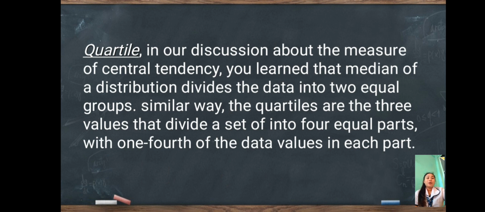That means about 25% of the data falls at or below the first quartile, 50% of the data falls at or below the second quartile, and 75% falls at or below the third quartile. Notice that the second quartile is also the median.